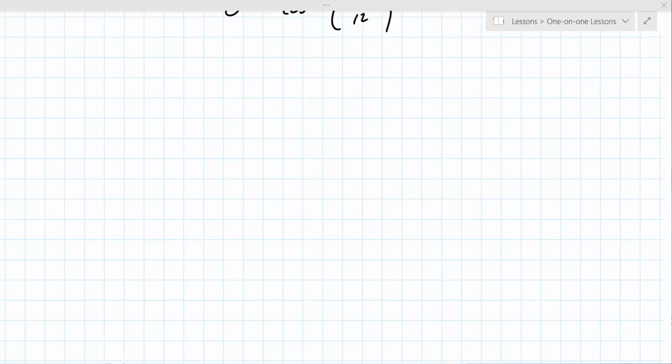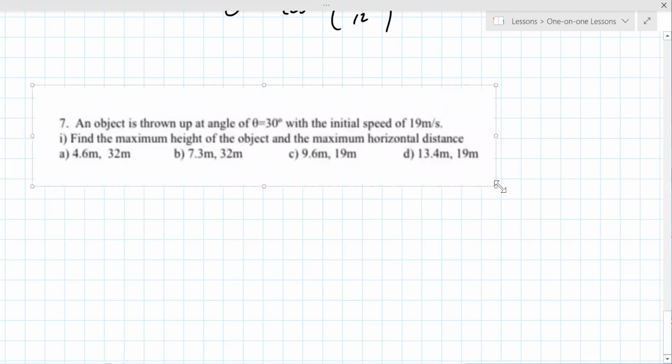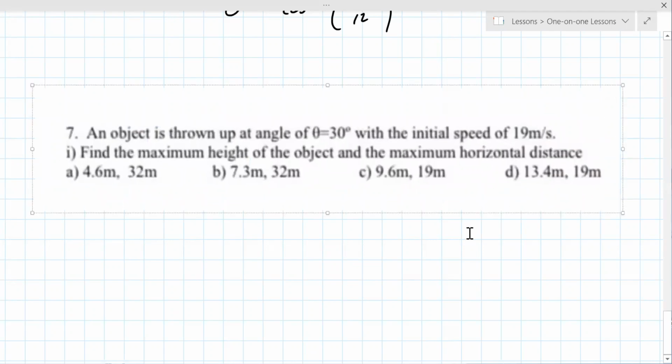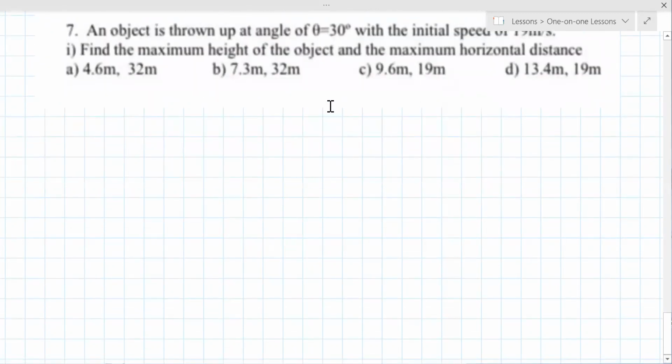7. An object is thrown up at an angle. Is that 7? Yes. Okay. Find the minimum speed during the motion. All right. This one right here, the one I've got thrown up here. It shouldn't say thrown up. It should say thrown at an angle of, because when you think up, you think straight up.